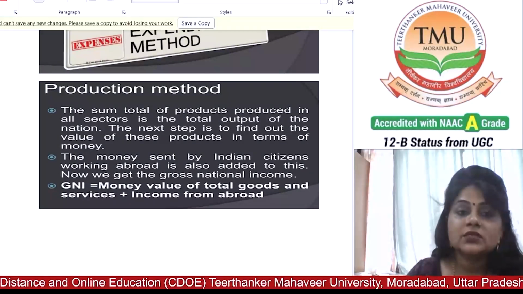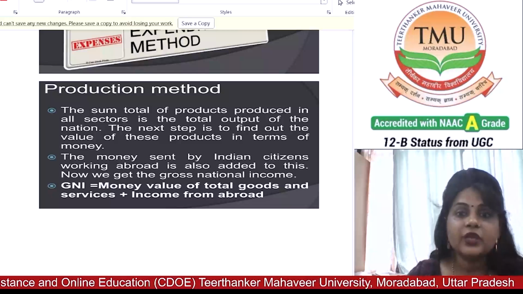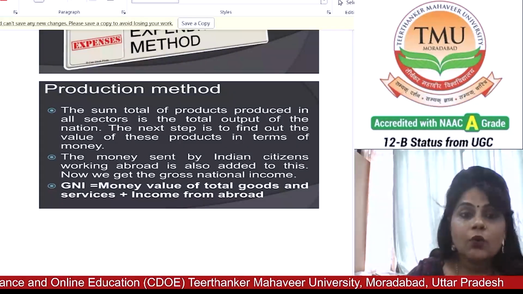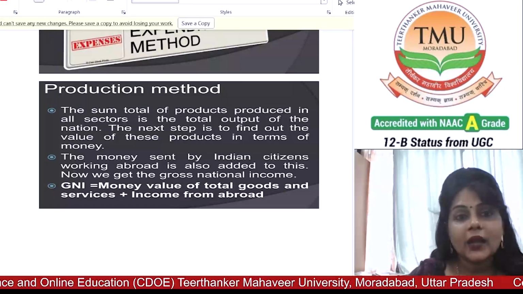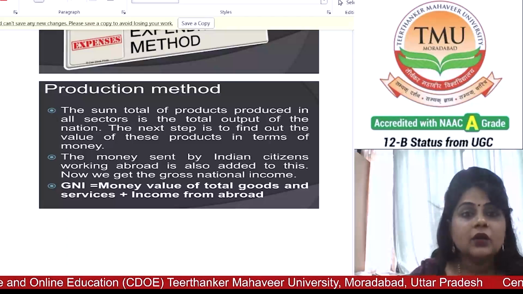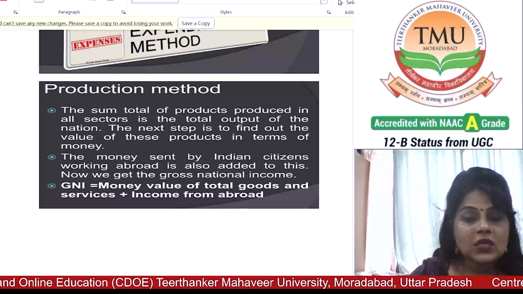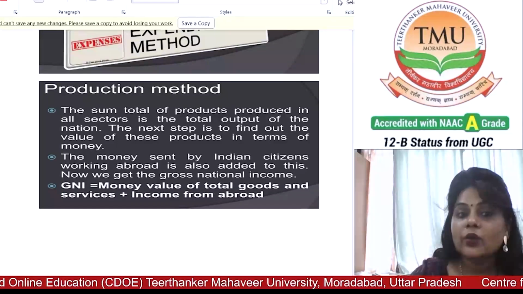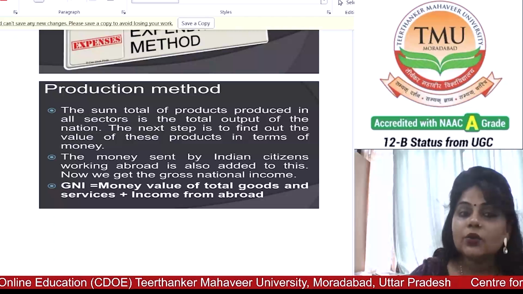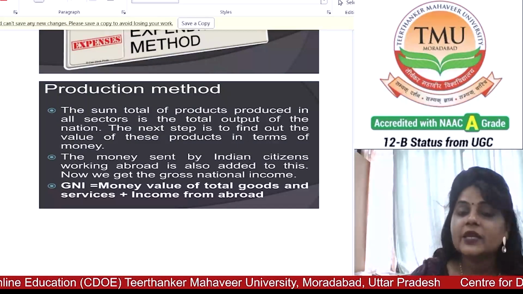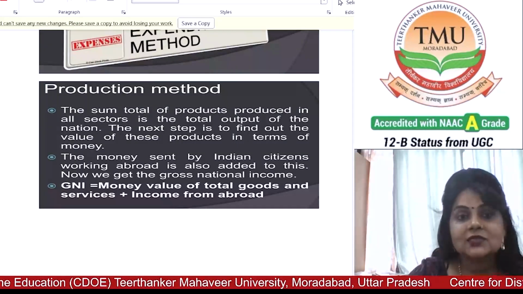So, the difference between the value of output and the value of intermediate goods is known as the value added. Value added is equal to value of output minus intermediate consumption.